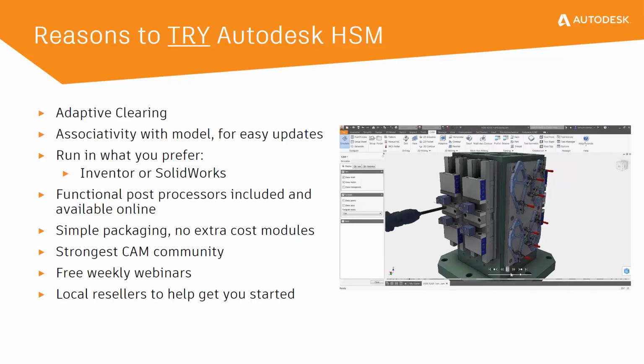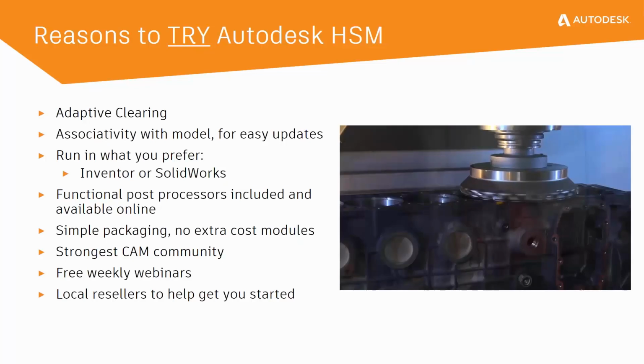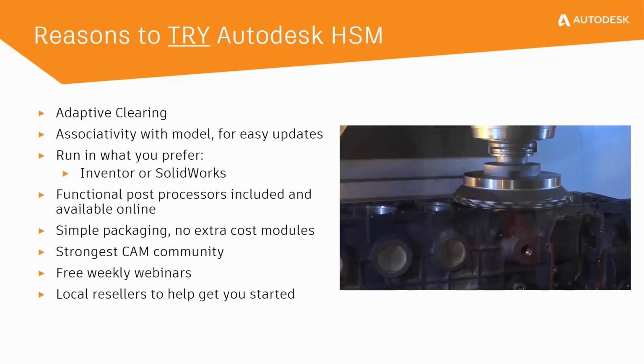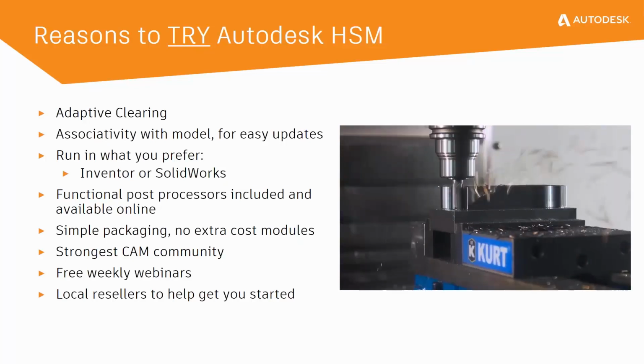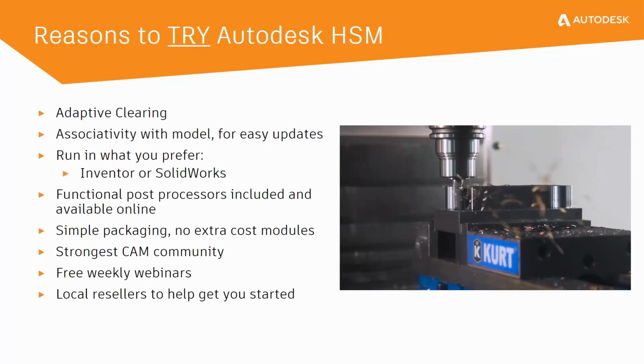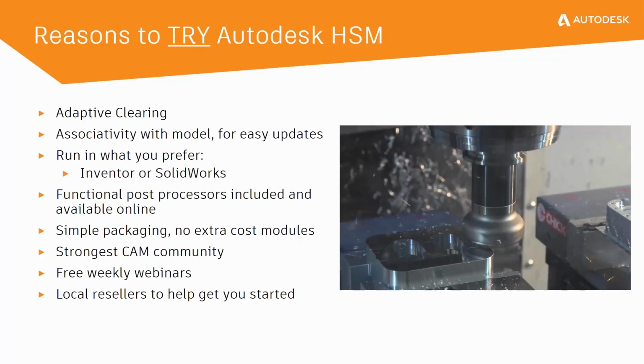Autodesk HSM comes with a range of functional post-processors that are included as part of the software and furthermore available for download from our website and potentially even from the forums. It's a simple packaging.